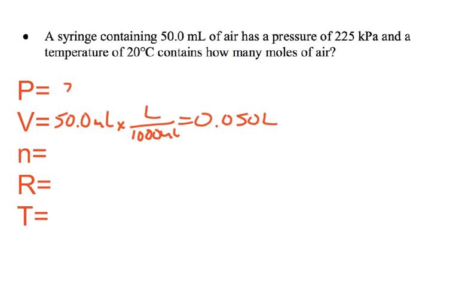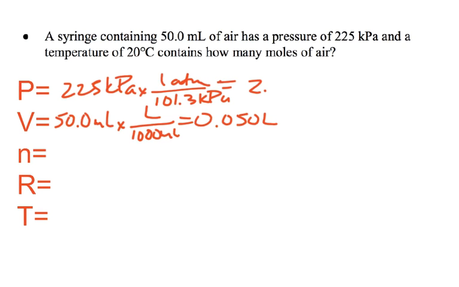It has a pressure of 225 kilopascals, but I can't leave it in kilopascals, so I know there's 101.3 kilopascals in every atmosphere, so that comes out to be 2.221, that's close enough, atmospheres. Okay, contains how many moles? So this is what we're looking for.